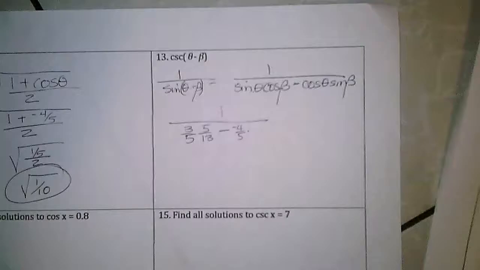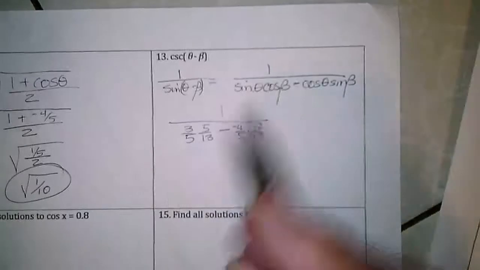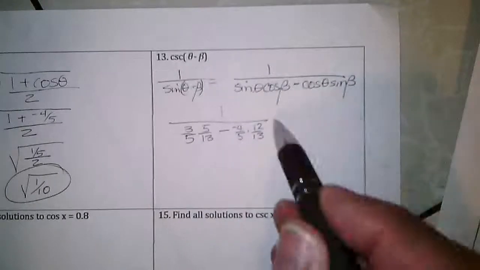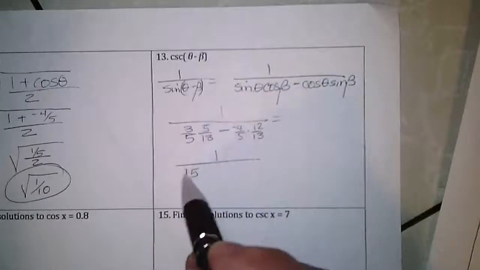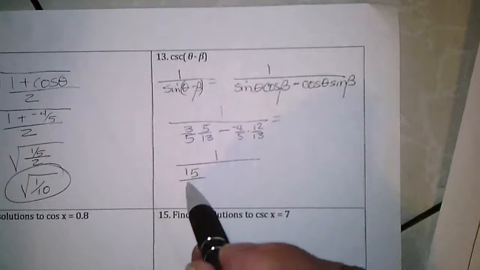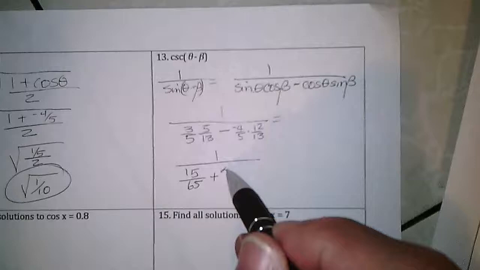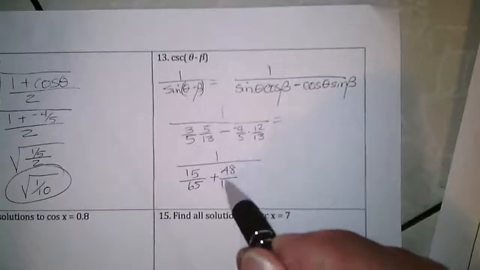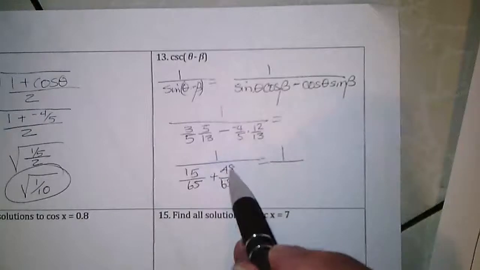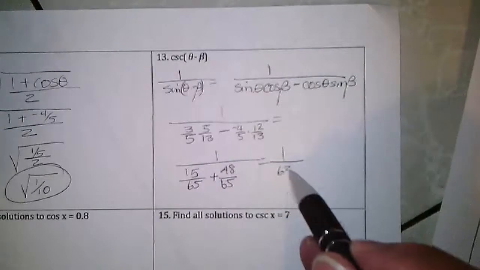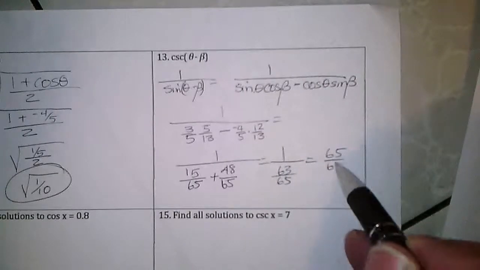And the sine of beta was 12/13. And the minus minus will be plus. So we're going to have 1 over 15 over 5 times 13 is 65, plus 48 over 65, which is 1 over 63 over 65, which is 65 over 63.